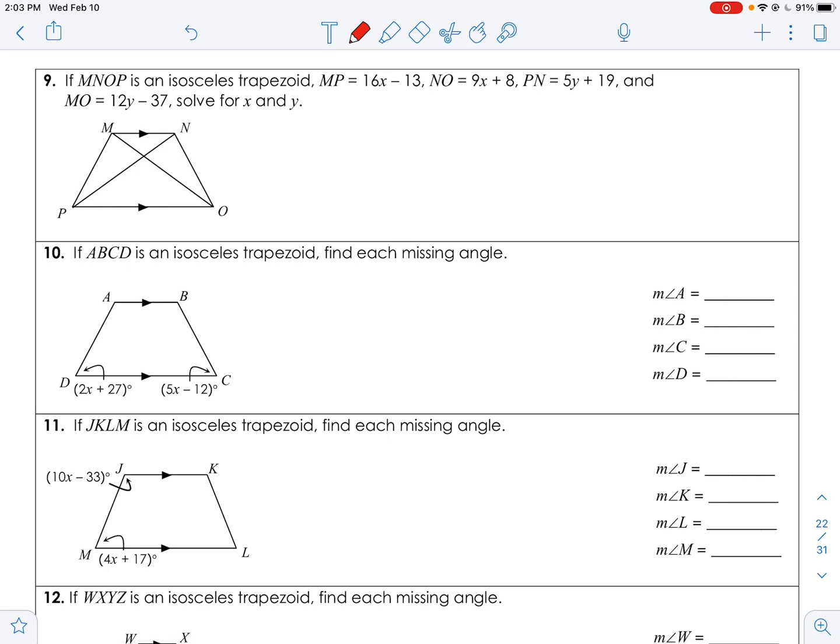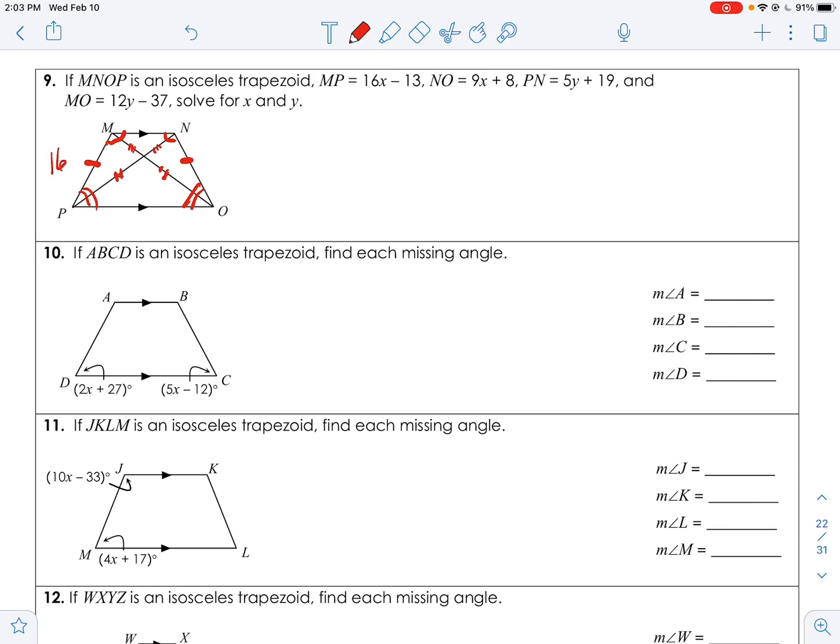Let's get algebraic. If MNOP is an isosceles trapezoid, we know that this is the same as that. We know that this and that is the same as this and that, because the whole things are equal to each other.